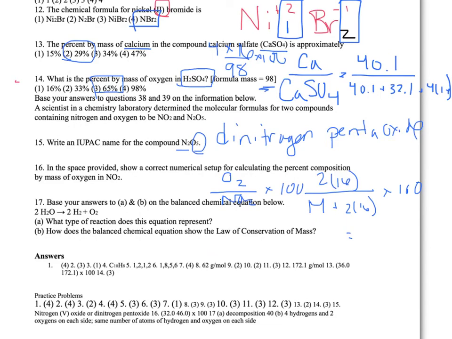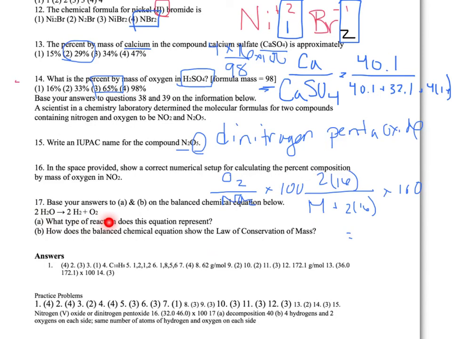Question number 17 asks us to classify a reaction. Now in question number 17, we begin with 1 reactant. We end up with 2 products. So this is decomposition. And the second portion of the question asks, how does the balanced chemical equation show the law of conservation of mass?